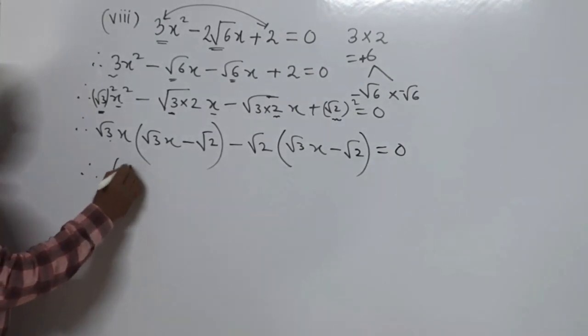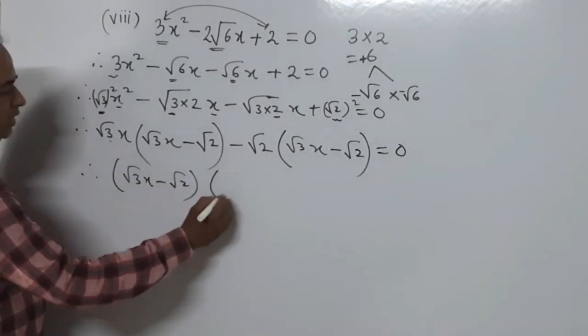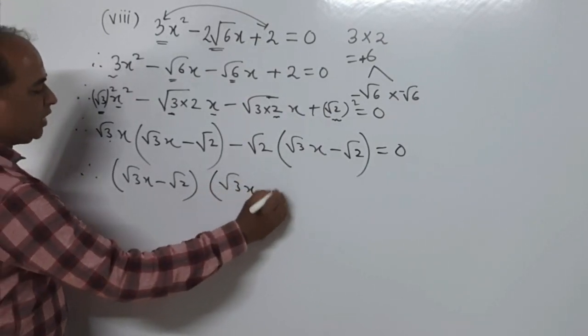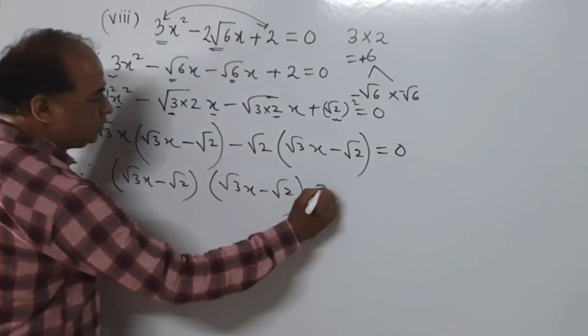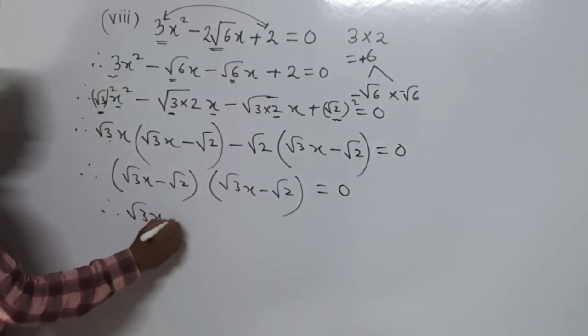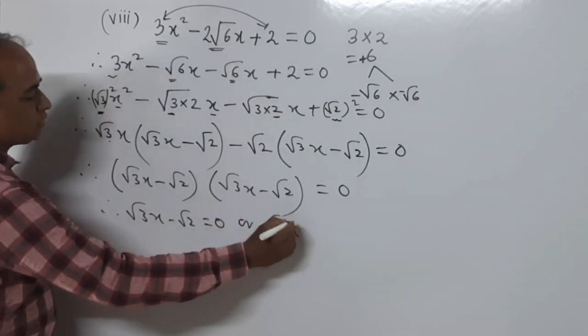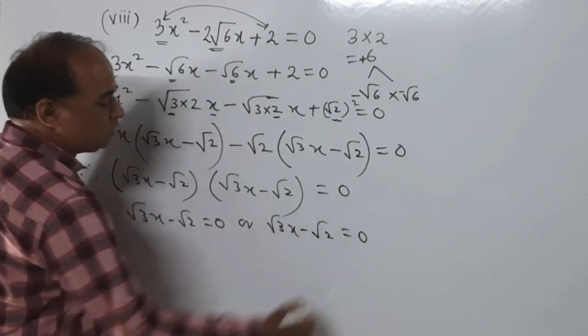Therefore in the first bracket root 3x minus root 2 and second bracket root 3x minus root 2 is equal to 0.